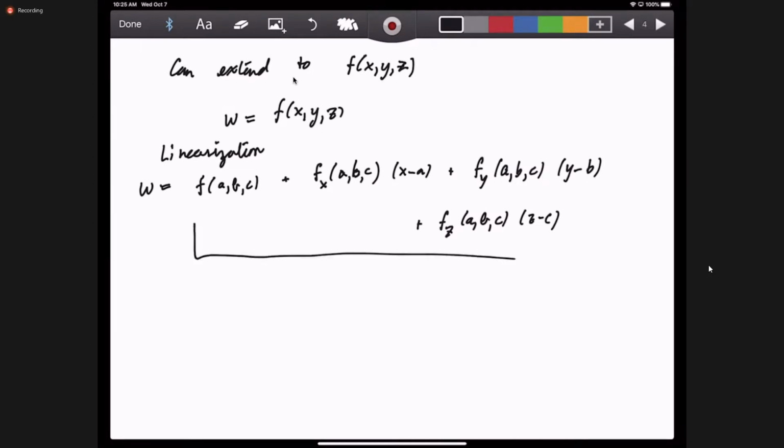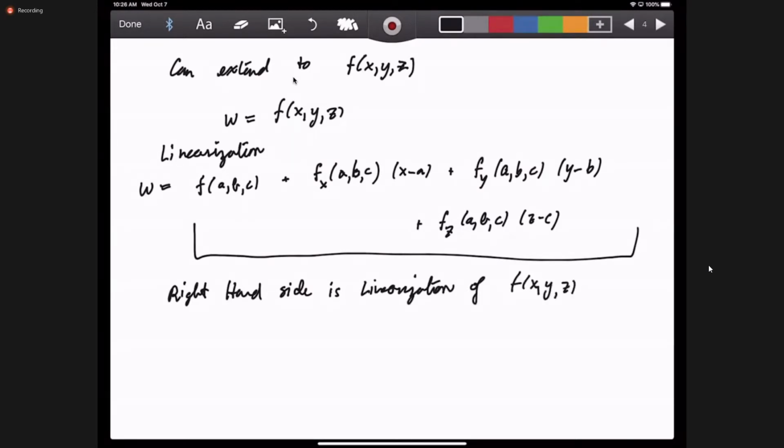This right-hand side is now the linearization about the point (a, b, c).